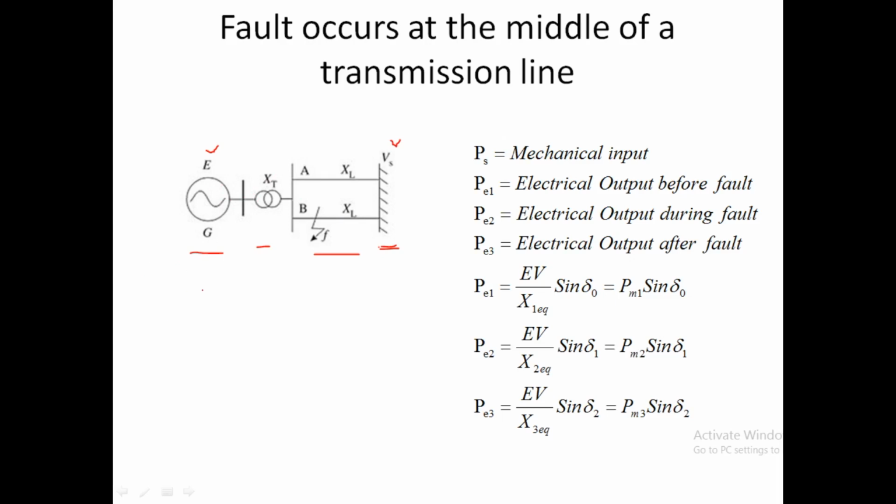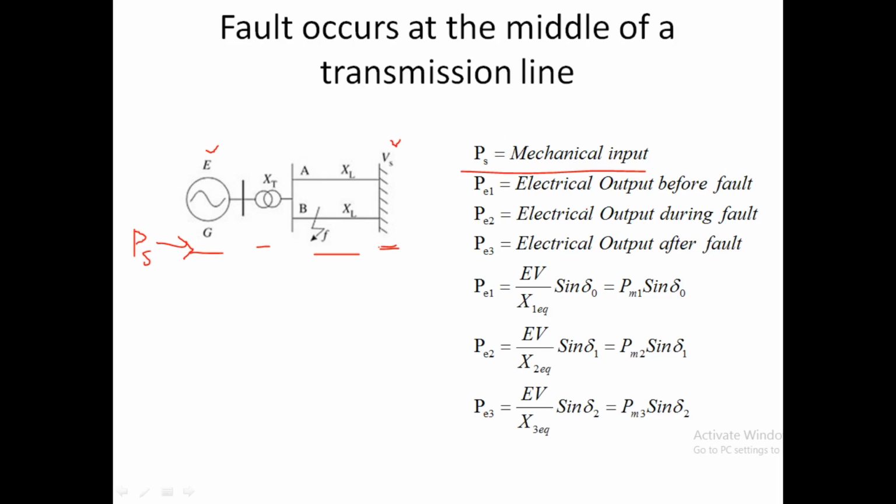Now we are giving a mechanical input to the generator. Let it be PS. PS is the mechanical input to the generator, and it gives an electrical output PE. PS is always constant here, because we are not making any changes in the mechanical input.